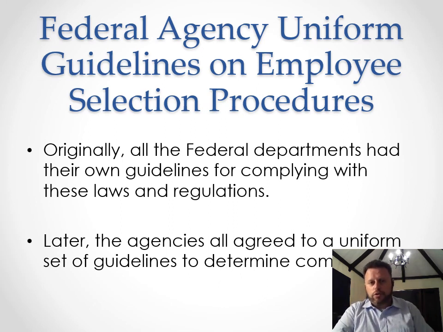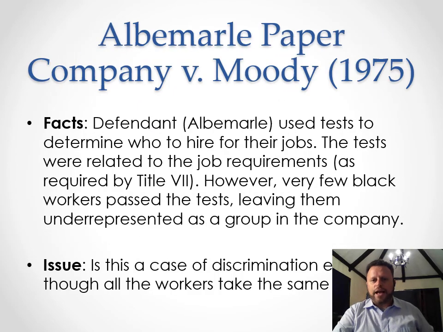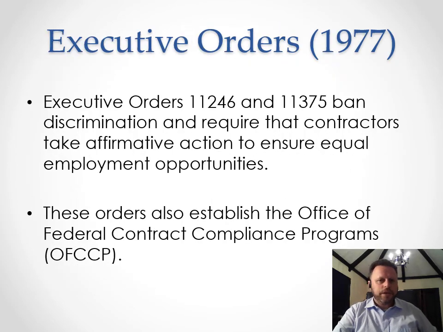And so the federal government created new guidelines that are just for all departments. We don't need to go into that. Moot court is an activity we'll do together in class, so I'm just going to skip right through that. Executive orders, I don't really care about that either.